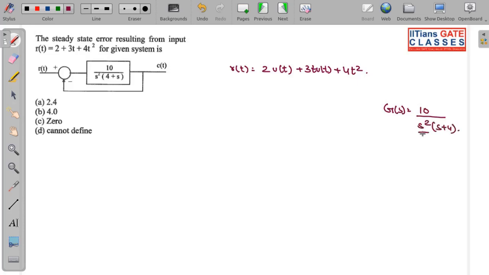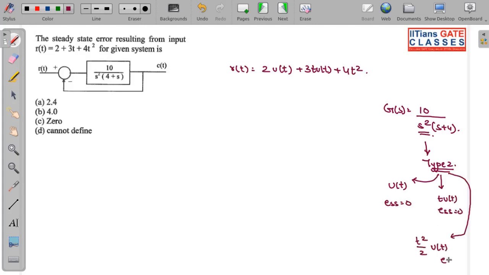So this is your type 2 system, and for a type 2 system we know that for a step input ESS is 0, for a ramp input t u(t) ESS is 0, only for the parabolic input t square by 2 u(t) the ESS is finite.